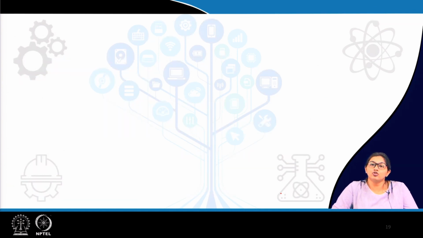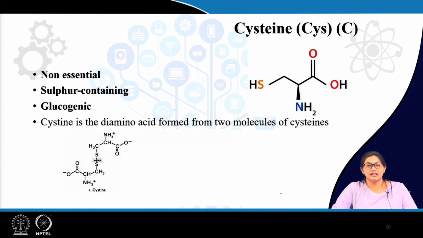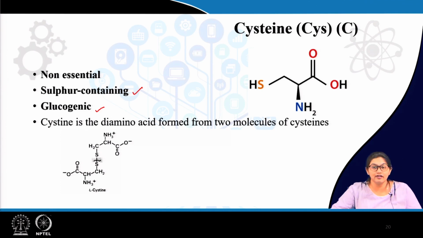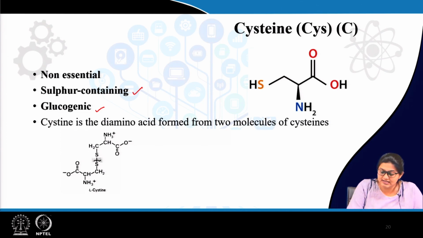Next, we will move on to cysteine metabolism. Once again, cysteine is another sulfur containing amino acid which is also glucogenic, but remember cysteine is a non-essential amino acid. So, cysteine can be formed in our body, and we have already discussed that cysteine is actually formed from methionine. As I have told you already, cystine is the diamino acid form of cysteine.